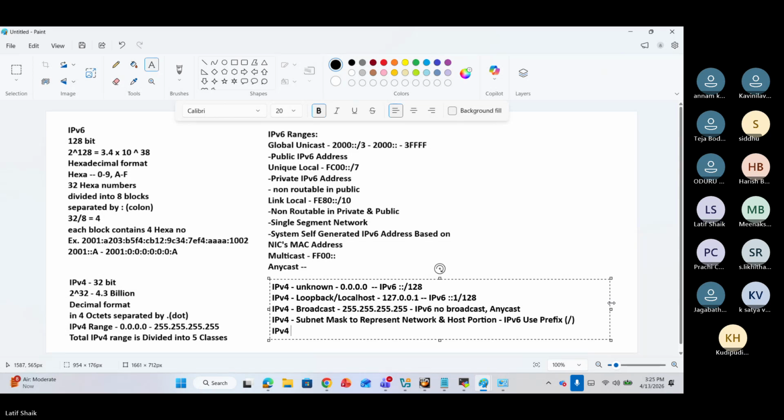In IPv4, the network and host portion are based on the classes. Each class has a different network and host portion.